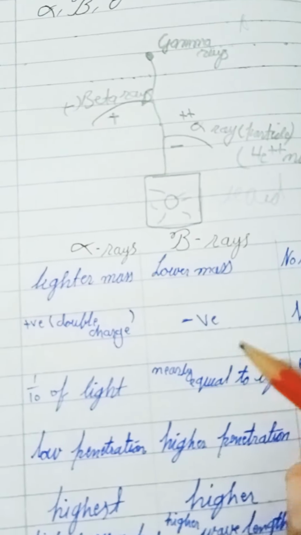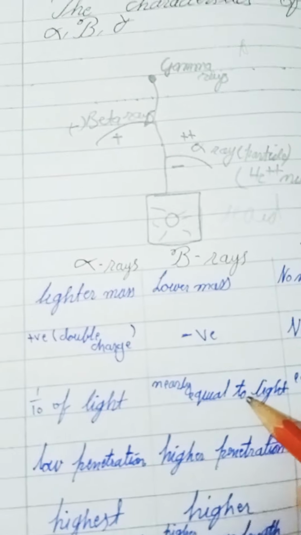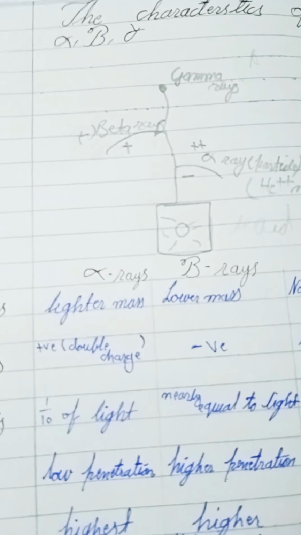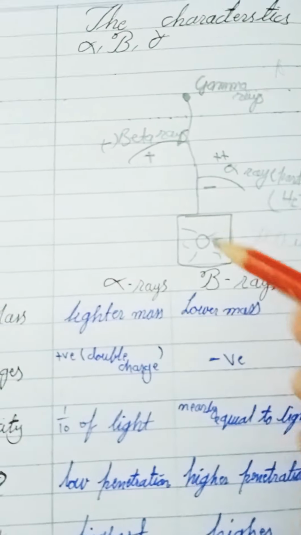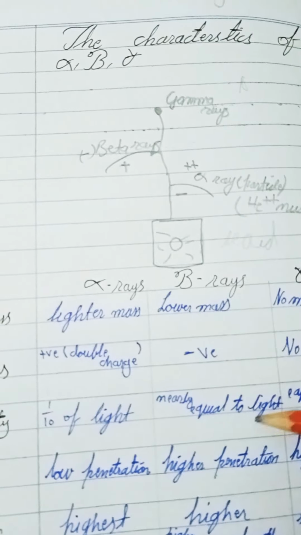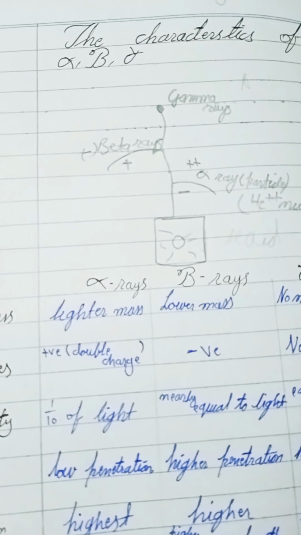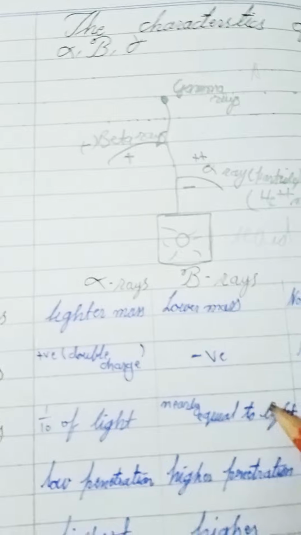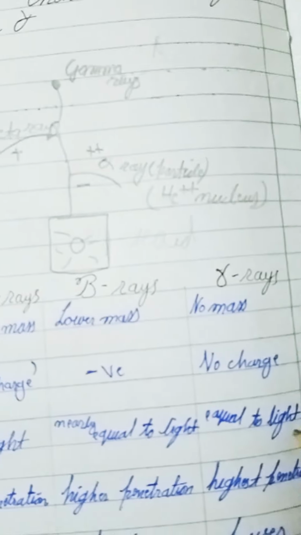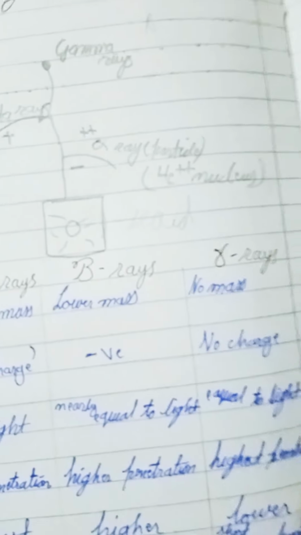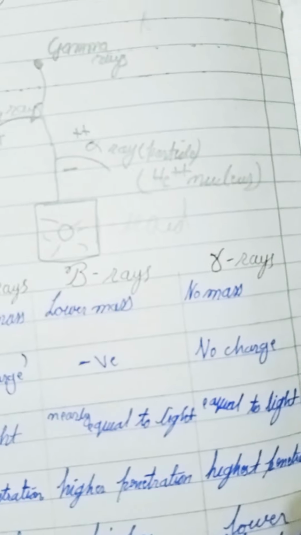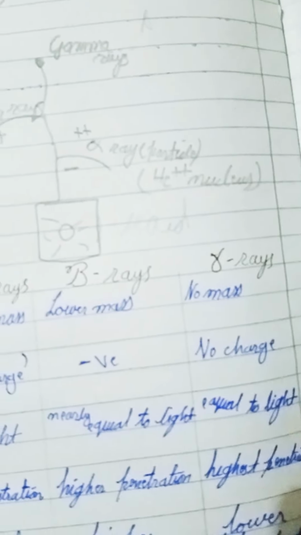After that, beta rays have lower mass than alpha, so they travel almost equal to light. Gamma is just energy, and energy is light, so it is equal to light.